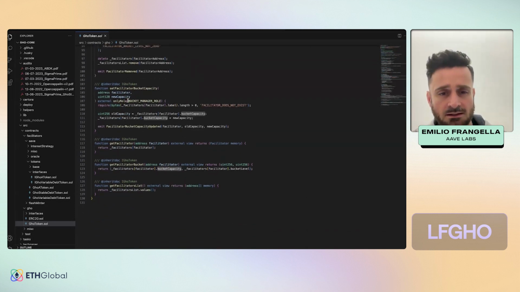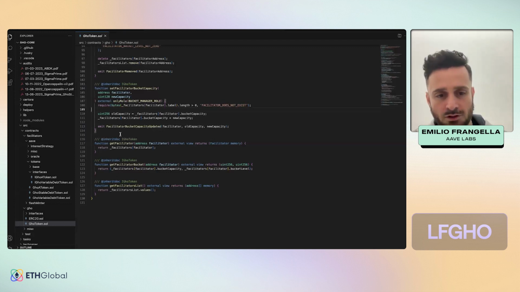And then set the bucket capacity. Here it checks if the facilitator exists by validating the label. If the facilitator has a label, then the facilitator exists, and it just sets the bucket capacity to the amount that is passed through as a parameter.